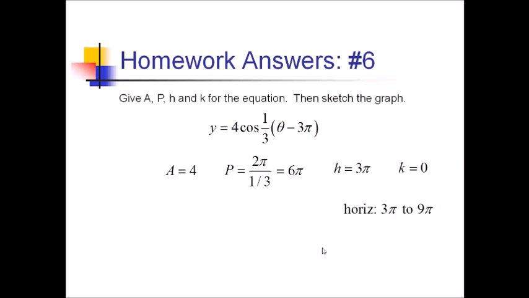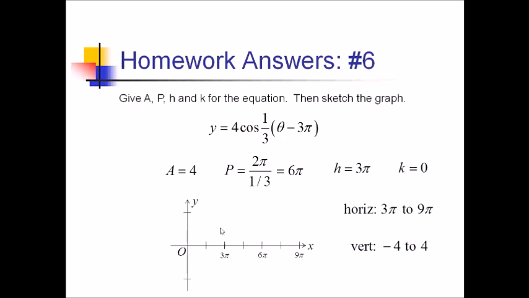Vertically, we're going from 4 below the k value to 4 above it. So -4 to +4. Here's my x and y axis. And let's see, I'm going from 3 pi to 9 pi. Getting the hash marks on this is a little bit tricky. I chose to make my hash marks, my horizontal lines, go by 1.5 pi. So I've got 3 pi, I've got 6 pi, and I've got 9 pi.